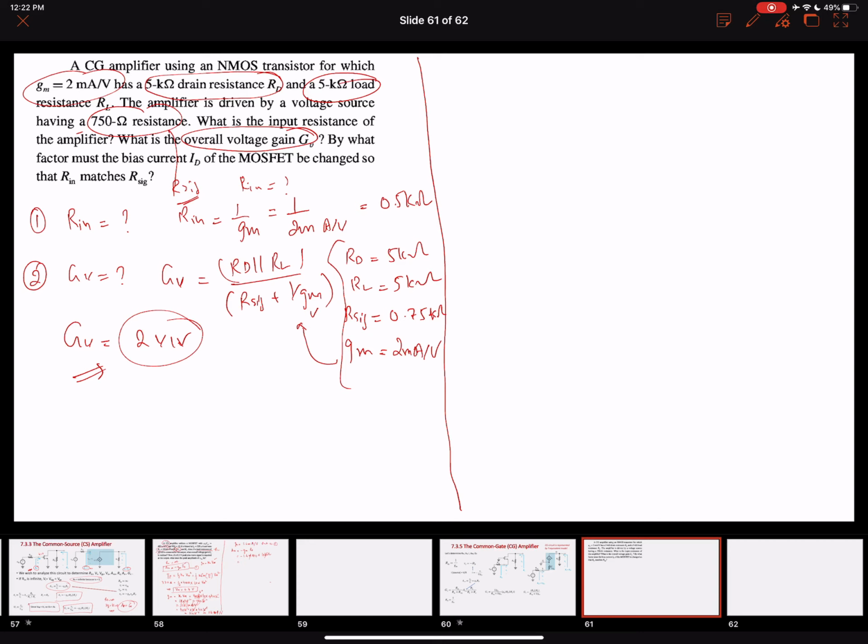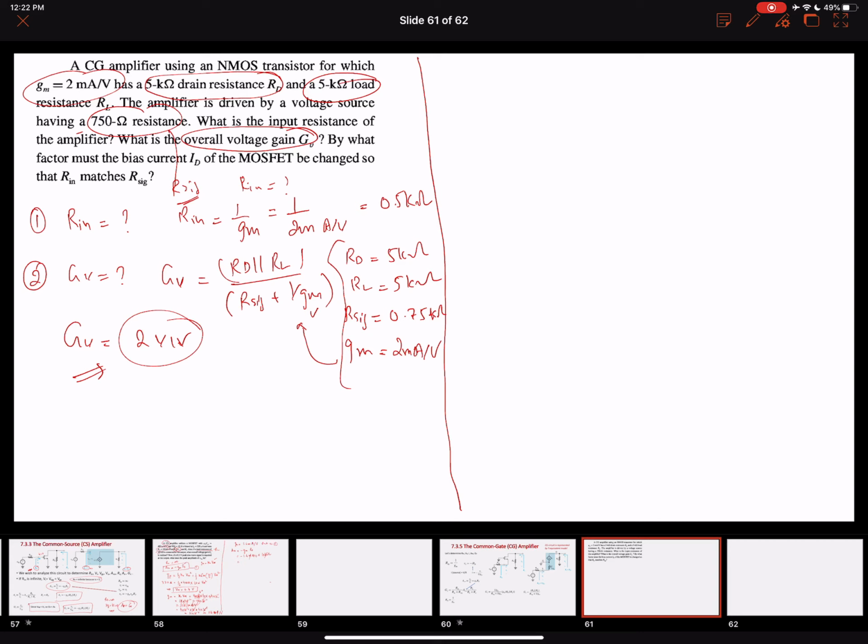Okay, so let's find out the third part of this question, which is: by what factor must the bias current ID of the MOSFET be changed so Rn matches R signal? What we are interested in is finding the change in the drain current that is required so that the input resistance of the amplifier matches the signal resistance.